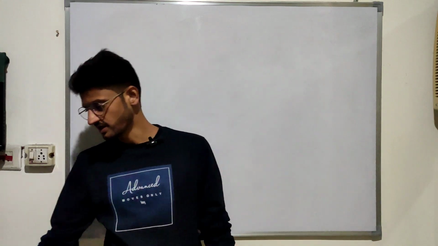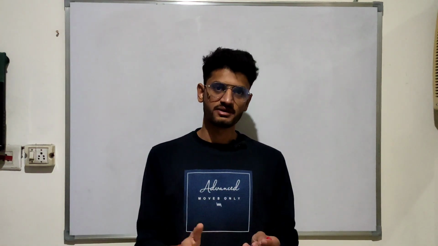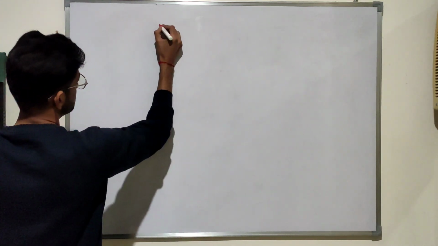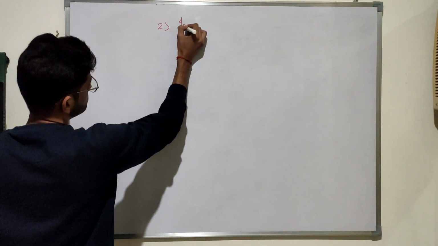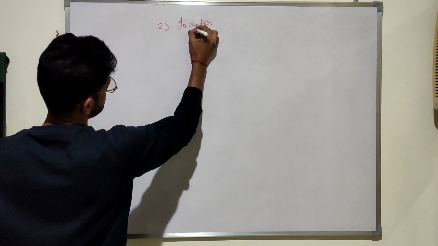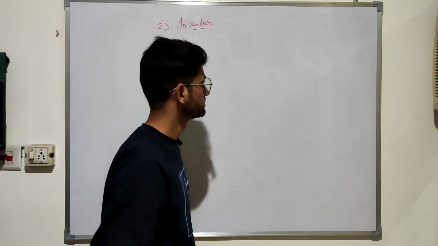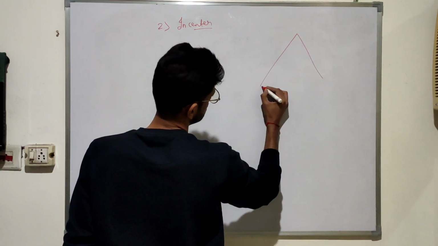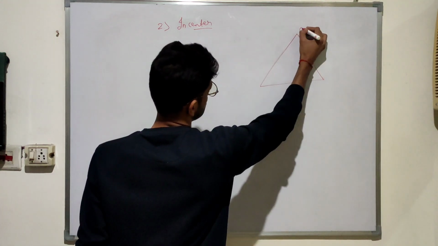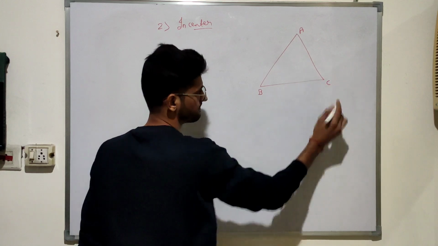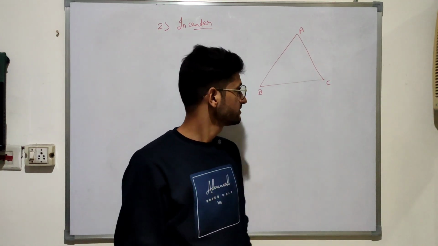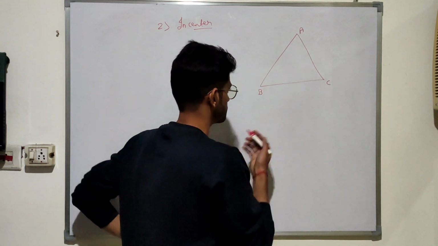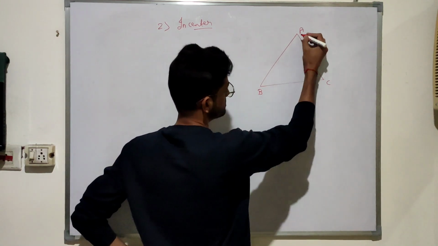Just to recall, the centroid is the point of intersection of all the medians of a triangle ABC. Now this is the time to learn the incenter. So what is the incenter? We have a triangle ABC, with point A, point B, and point C. To understand the incenter, we need the concept of angle bisector, which we have already learned at the start as a prerequisite.